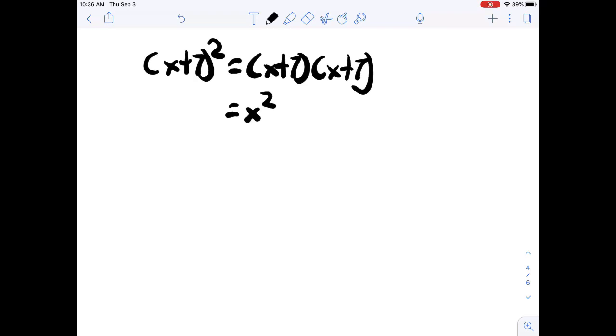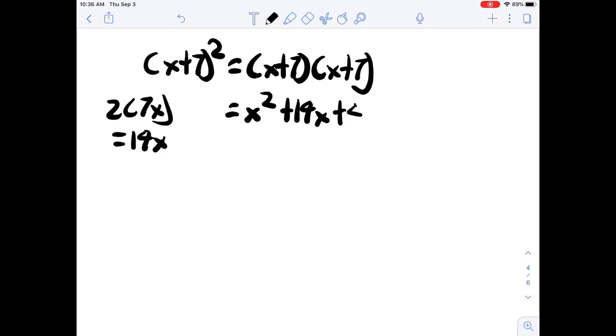And the two terms here are 7 and x. And when you multiply them together, you get 7x. And when you multiply that by 2, you get 14x. So x squared plus 14x. And then you square the last term, 7 in this case, to get 49. So x squared plus 14x plus 49.